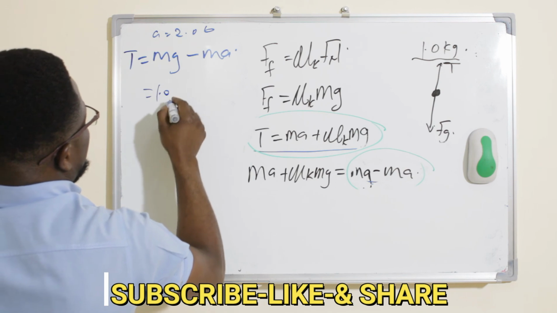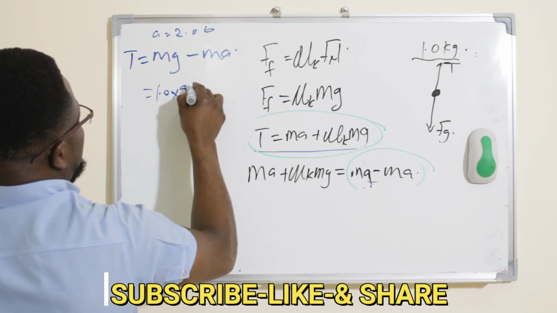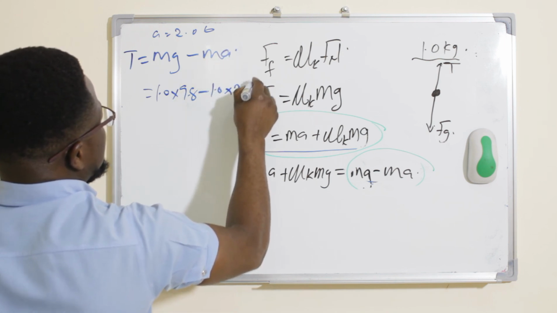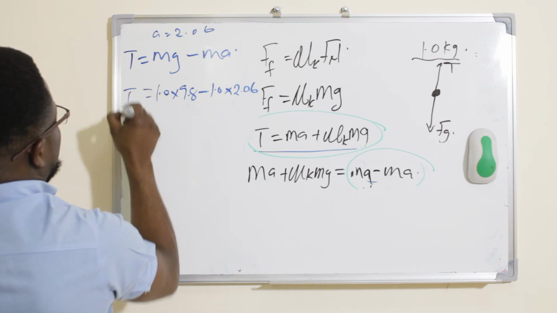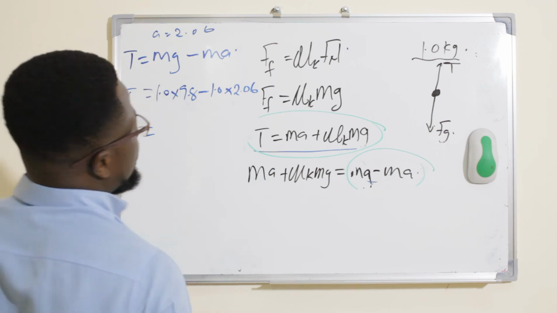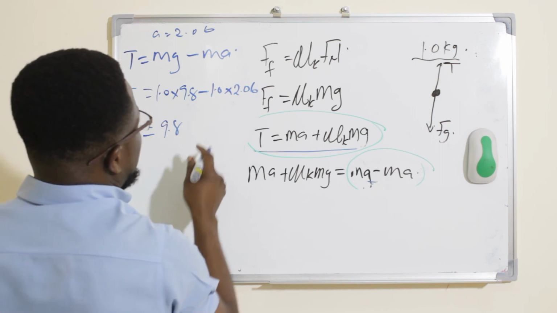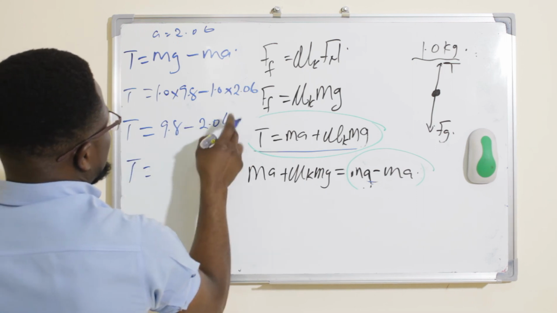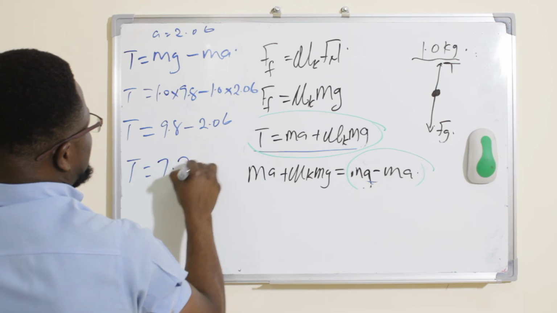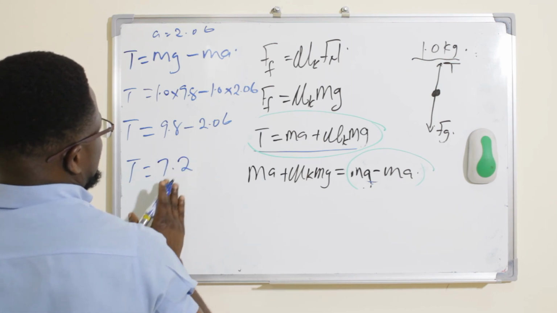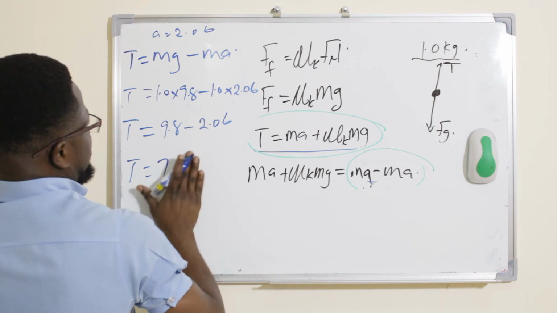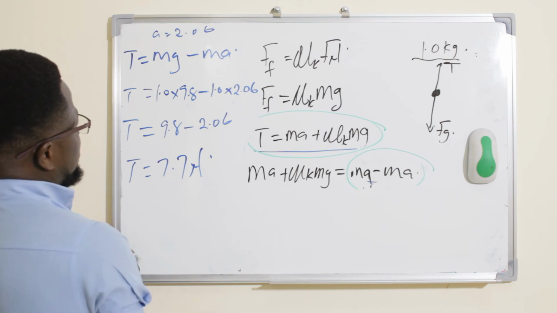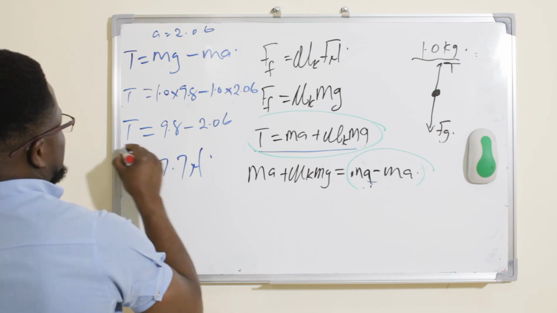So that will be 1.0 multiplied by 9.8 minus 1.0 multiplied by the acceleration, which is 2.06. If I subtract these two, I am going to have 7.7, sorry, 7.7 newtons. Okay, so I have gotten 7.7 newtons on this side.